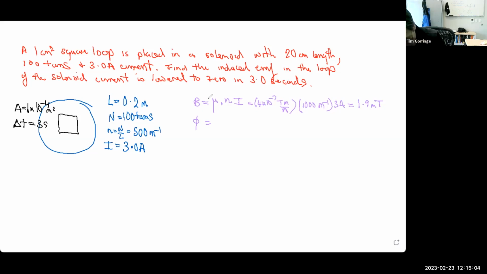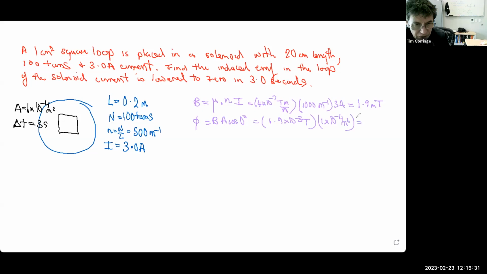And so in this particular case, the flux is going to be B times A times the cosine of 0 degrees. And so that's simply the magnetic field of 1.9 × 10^-3 tesla times the cross-sectional area of the coil, 10^-4 square meters.